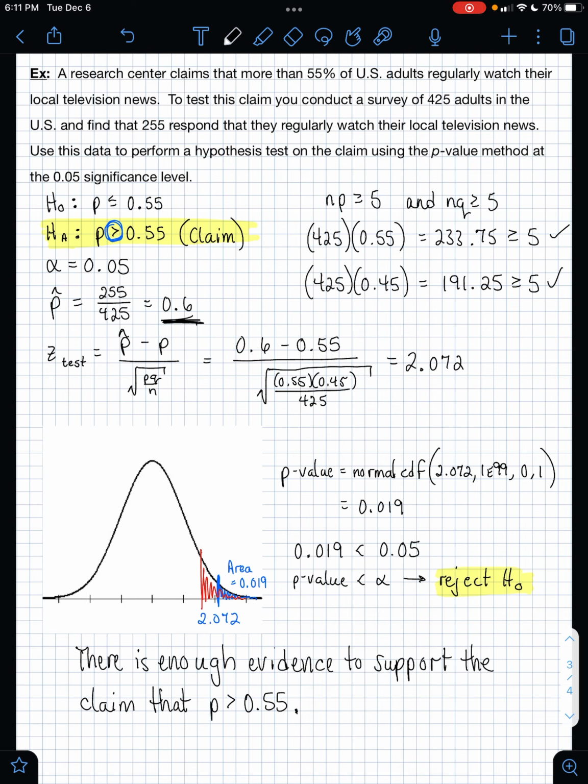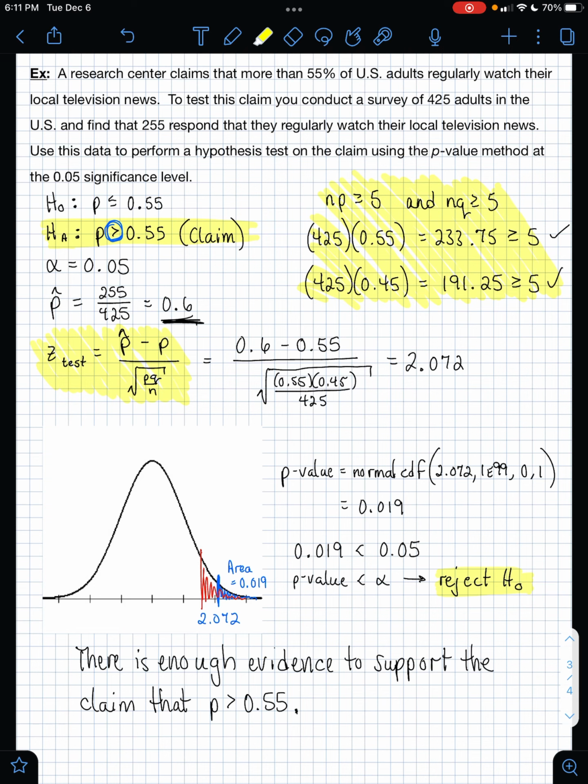So again, just a couple of examples to look at both the rejection region method and the p-value method. But the basic idea, the procedure is pretty much the same. The new concepts here are, of course, the z-score, that we're using the normal distribution rather than the t-distribution, and that we need to check and make sure that the normal distribution even applies.